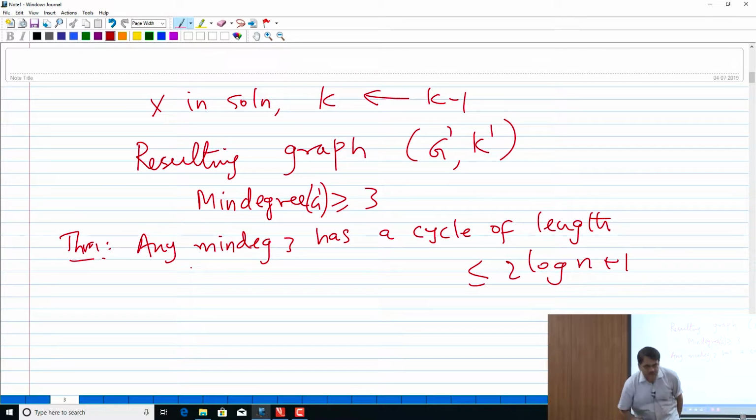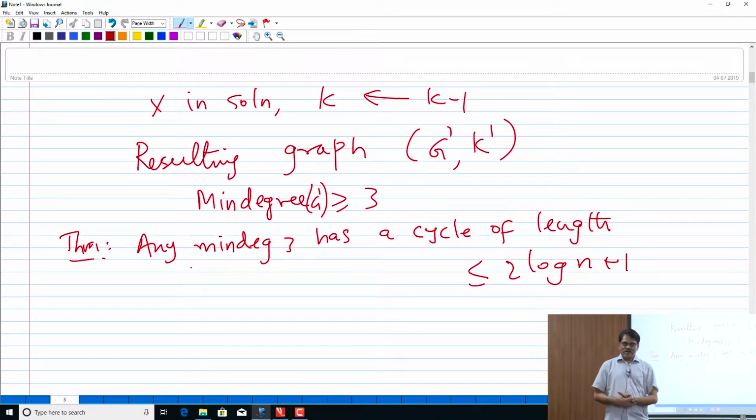If, okay, I should correct it, maybe we should fix it in the problem sheet. If it has a cycle at all. Actually it should have a cycle because minimum degree is 3. Because if it's acyclic it means it's a forest, forest means there will be leaves, there will be degree 1 vertices, so it's fine, okay, fine.